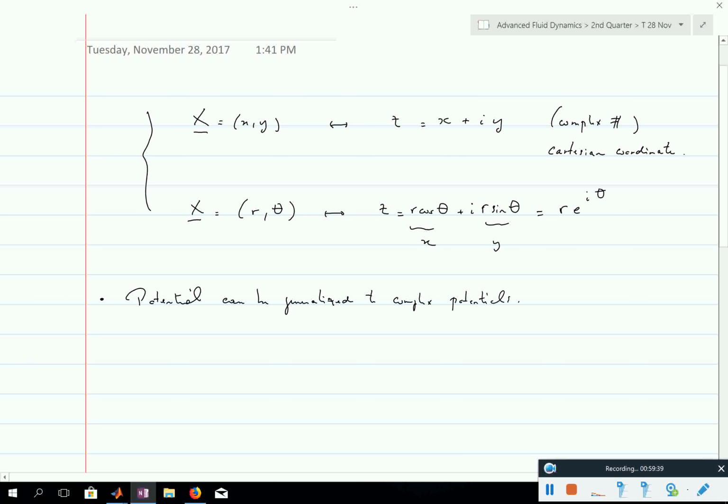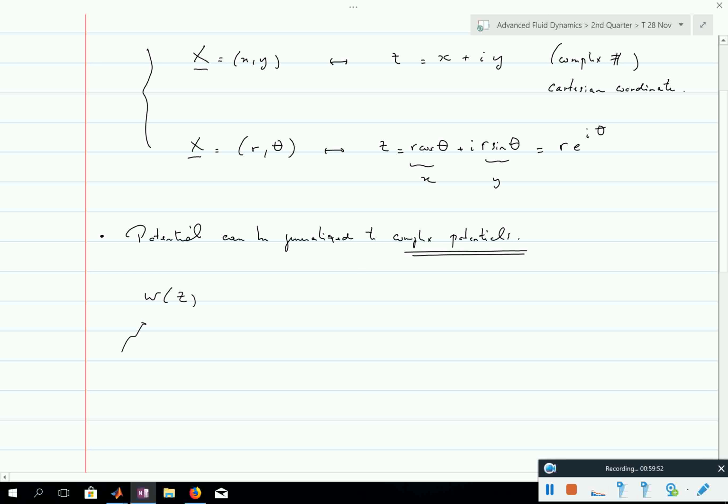My complex potential usually is represented with the letter W. So now I have W as a function of z. W here is my complex potential, and z is the complex variable. It's just the location in the plane where you're looking at the pressure or the velocity. This is your complex variable, which is just another way of thinking about the position vector x.